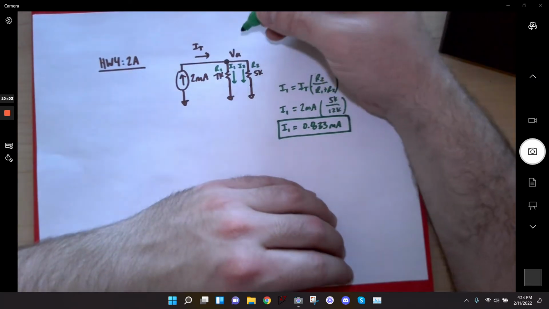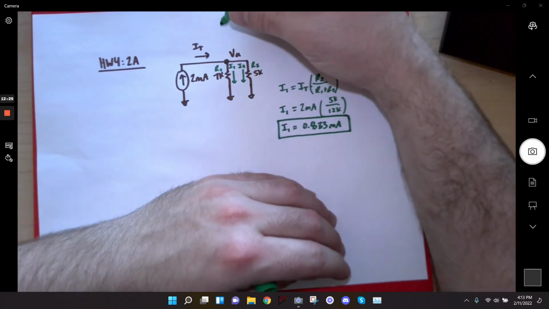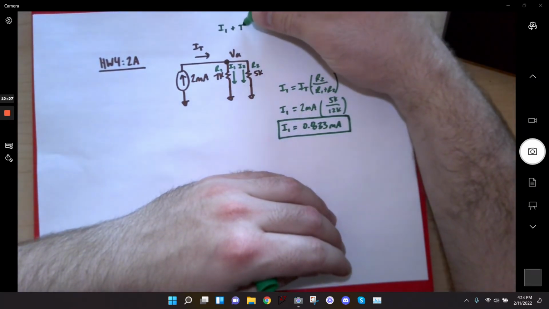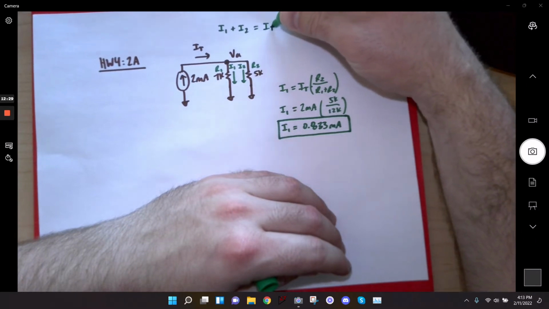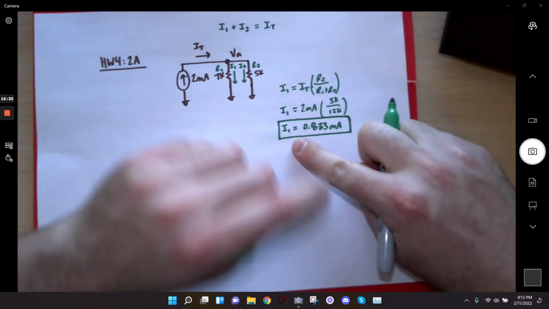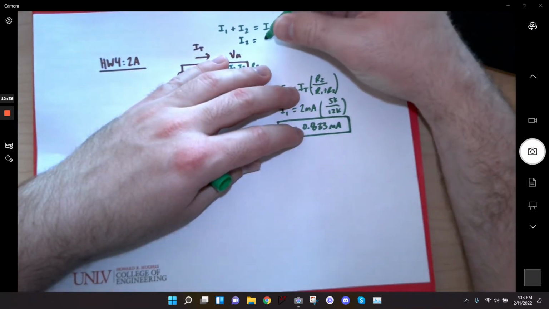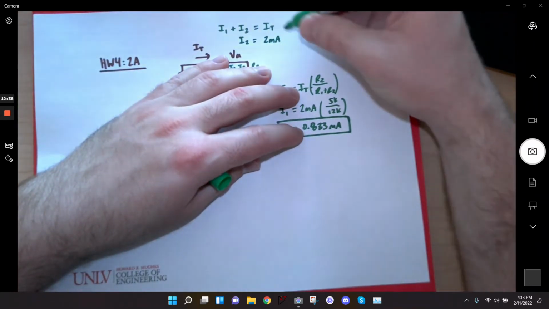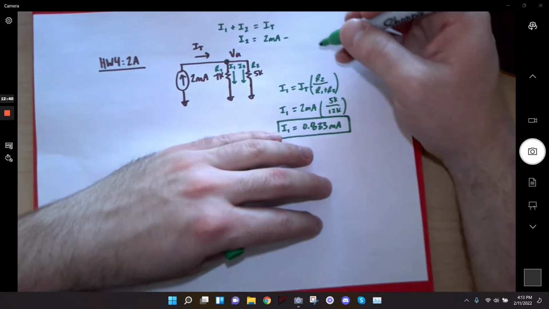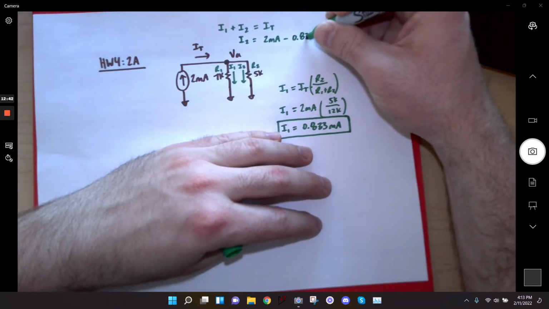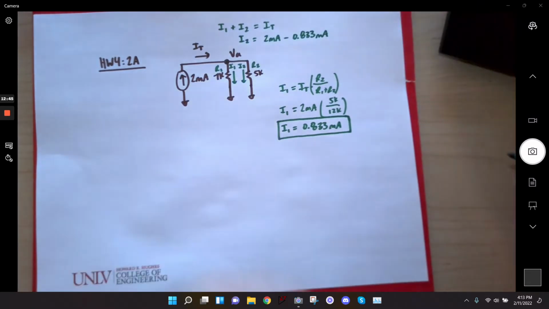So basically, KCL tells me that I1 plus I2 is equal to IT. Well, I know I1 now and I know IT, so I could find I2 by saying that it's just 2 milliamps, which is I total, minus I1, which is 0.833 milliamps.